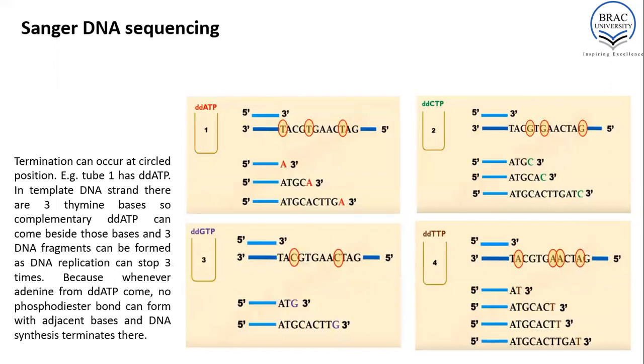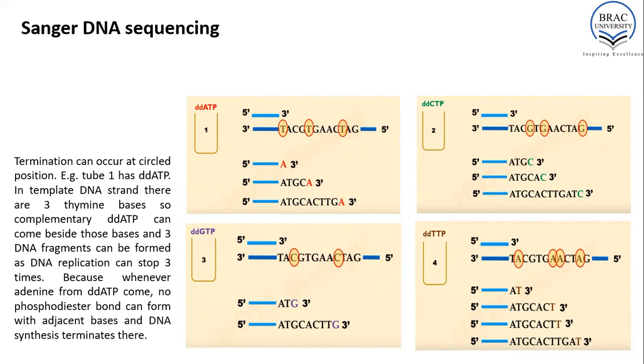For this sequencing mechanism to proceed and identify the sequence, each tube has a single dideoxynucleotide and the other normal nucleotides. In this example, the tube has only dideoxyadenine triphosphate, but all the other nucleotides, like thymine, guanine, and cytosine, are the normal deoxy ones.